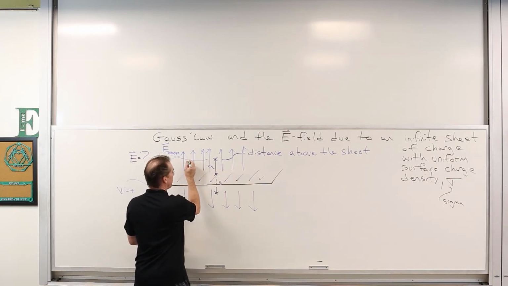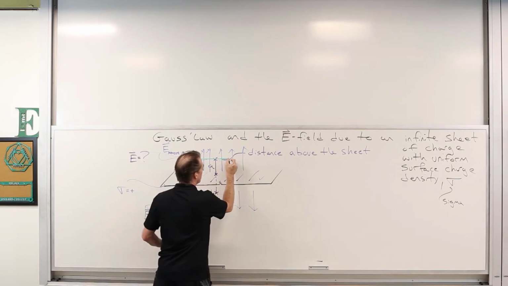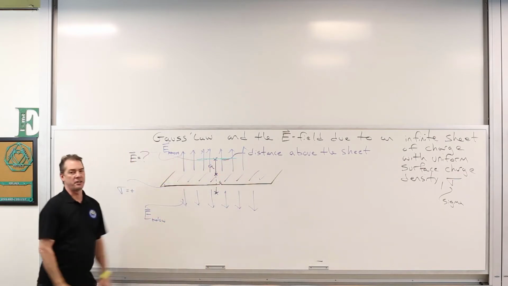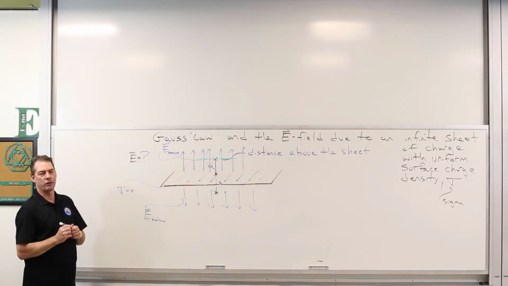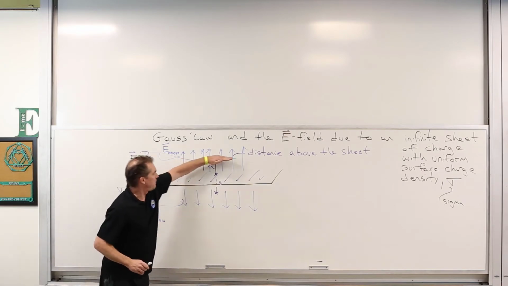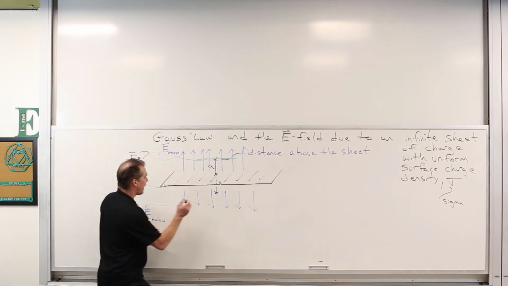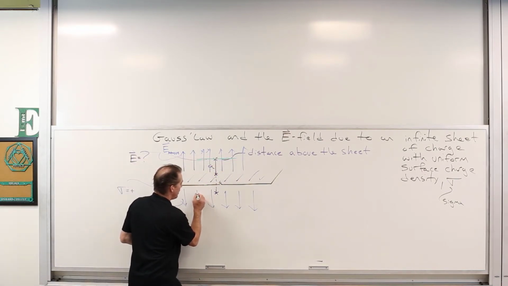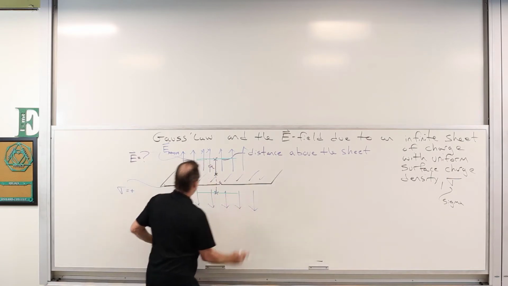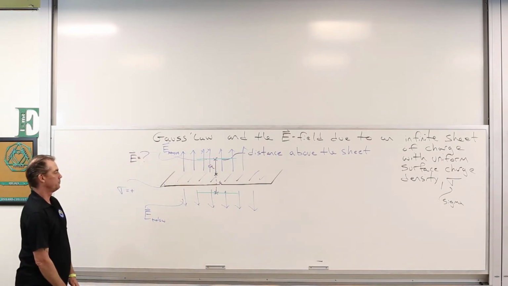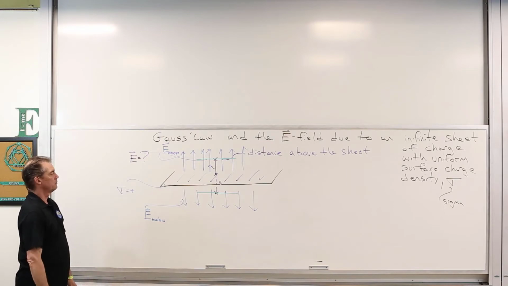So we've got the electric field along this line here should be constant, same magnitude, because we're the same distance away from the sheet everywhere. And likewise, the electric field along this line should be the same as well. All right?